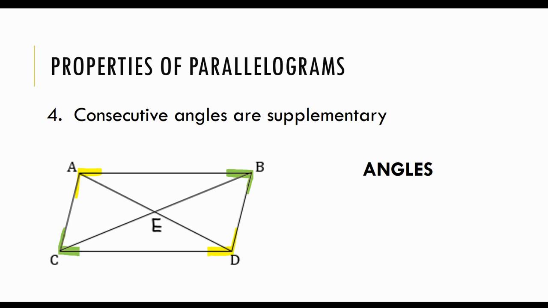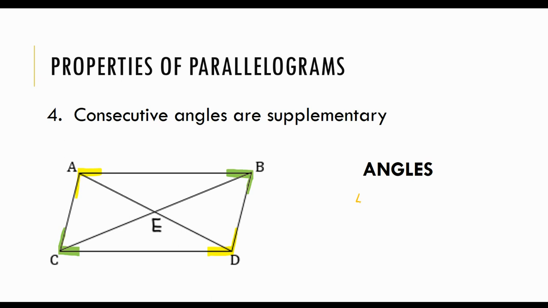Well, consecutive, like we just mentioned when we were talking about diagonals, consecutive means right next to each other. So that means I can take my angle, I don't want to call it angle A, but angle CAB, that yellow angle that I have highlighted, and there's technically 2 different angles that are right next to it. Both of those angles would then be supplementary to angle CAB.